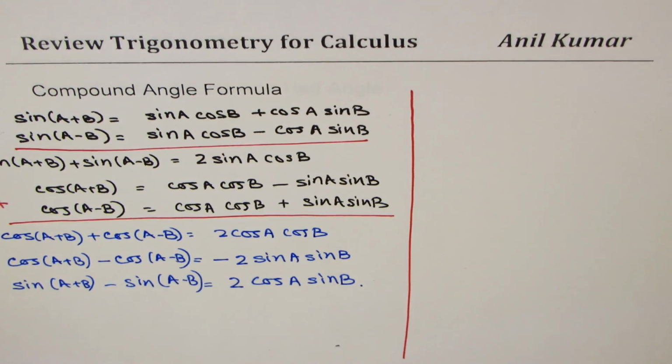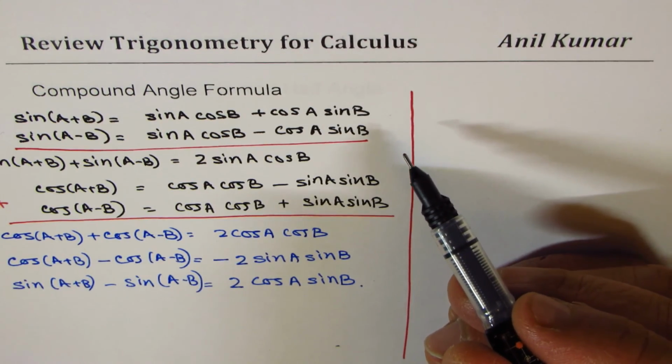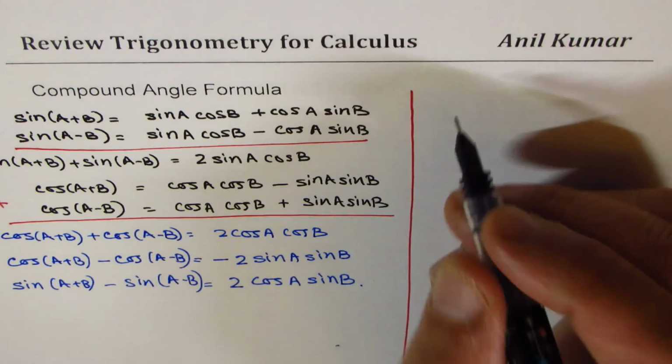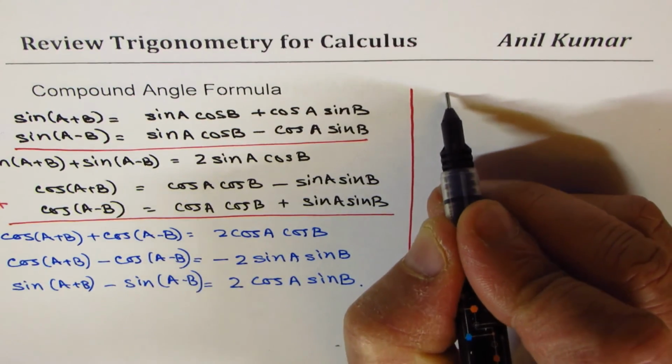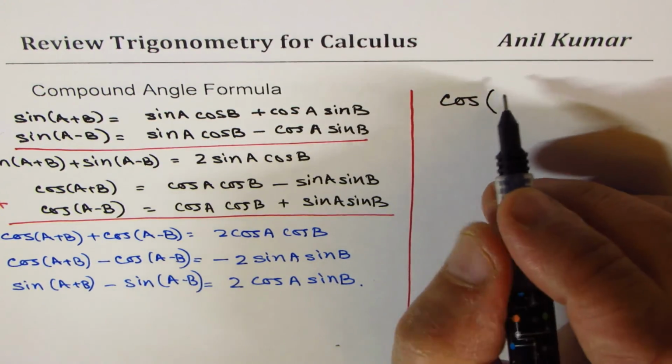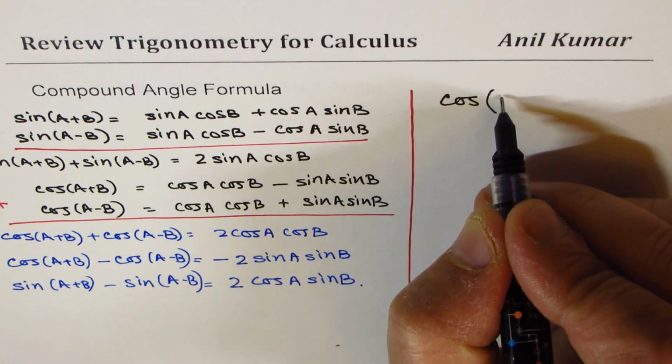Double angle formulas are applied to solve equations where we may have angles like 75 and 15, since we know the value of 60, right? So, for example, if you have to find what is cos of, let us say, 15 degrees.